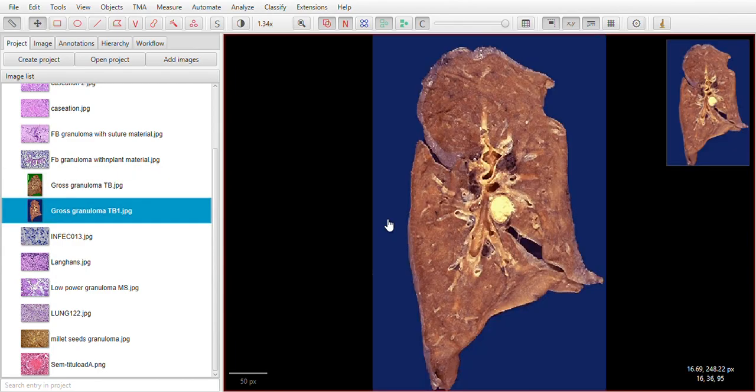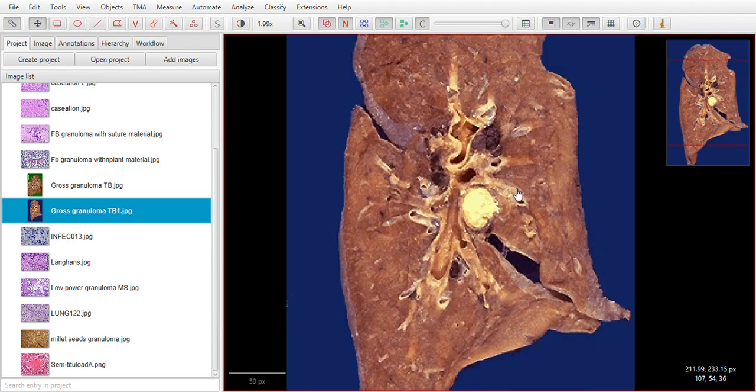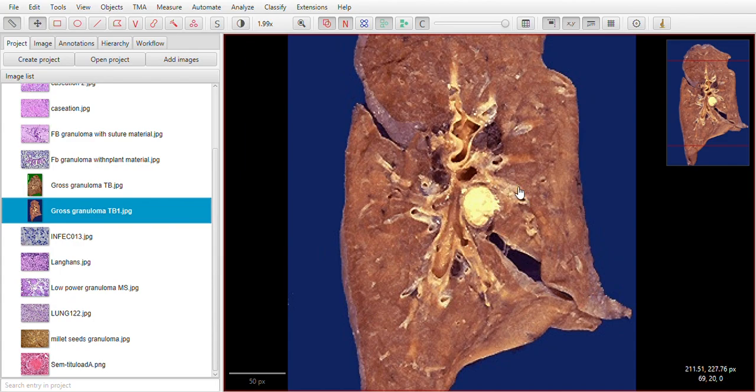Sometimes it shows a very confined grayish-white area, and when you cut it, you will feel it to be rubbery and cheesy sort of material, because it forms caseation type of necrosis.